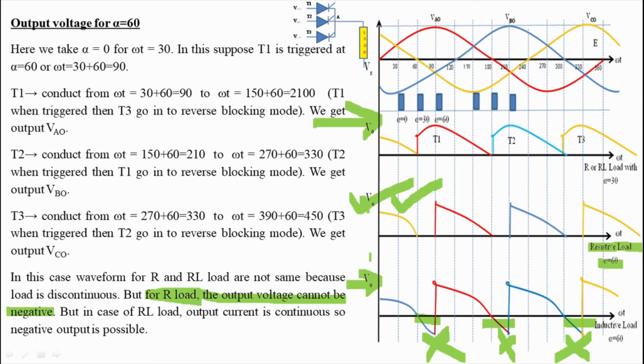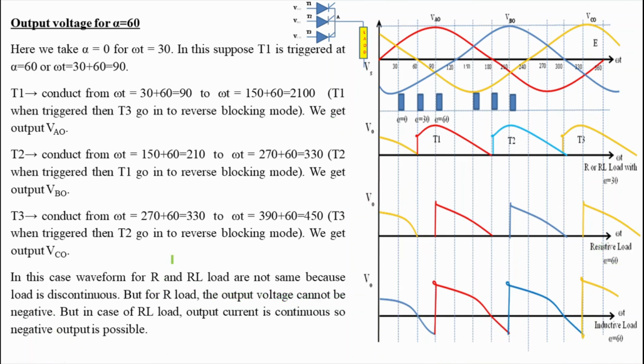And when alpha is greater than 30 degrees and the load is resistive, then the output voltage is discontinuous. So this is the summary of this lecture. So we get continuous output voltage for RL load and any triggering angle, and we get discontinuous output voltage only when the load is resistive and alpha is greater than 30 degrees.